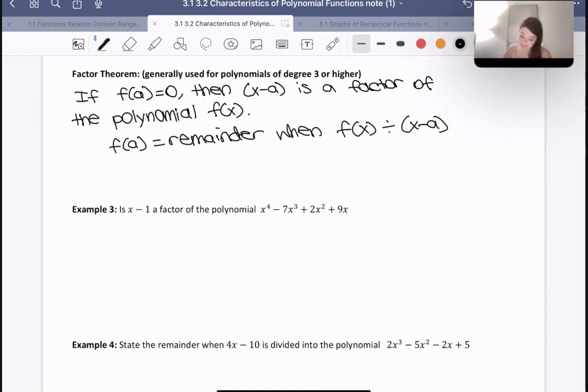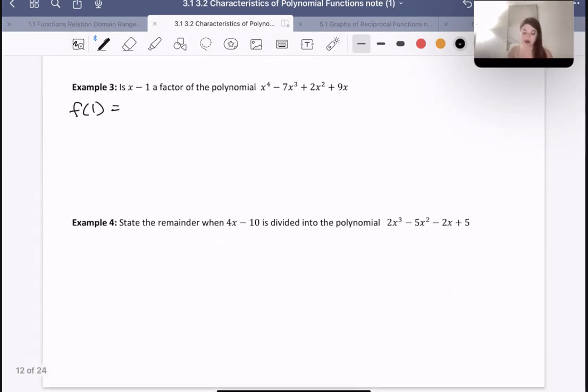So example 3 doesn't ask for what is the answer, though. They just ask, is x minus 1 a factor of this polynomial? Well, to do that, we need to figure out what is f of 1, and if f of 1 turns out to be 0, then it is a factor, and if f of 1 turns out to not be 0, then it is not a factor. So let's see.